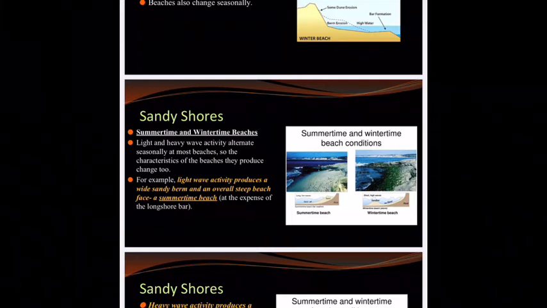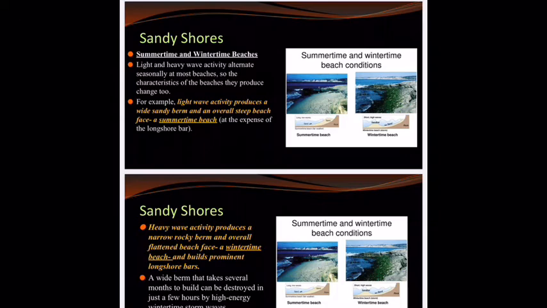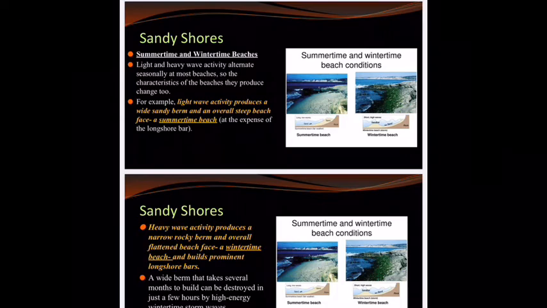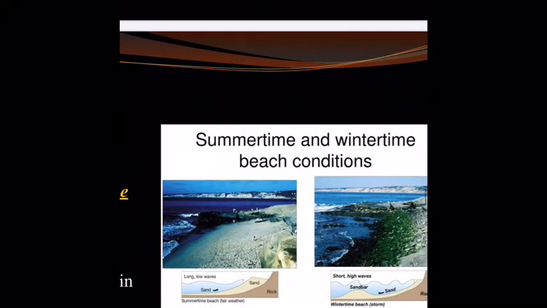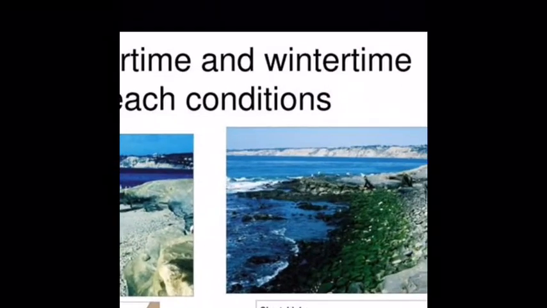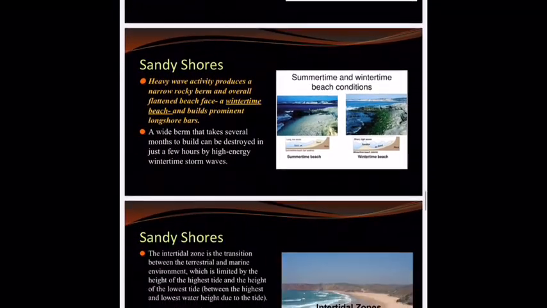That's usually summertime, okay? But when there's heavy wave activity, it's going to take away all of that beach, and it's going to be much, much smaller, much steeper. Okay, so see this summertime beach with a nice sandy shore, and then here not so much. But they will have more sandbars.